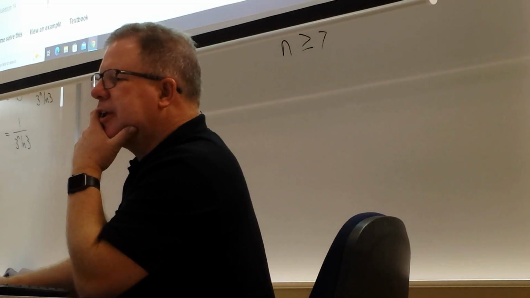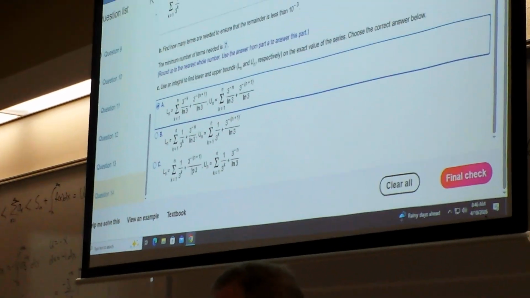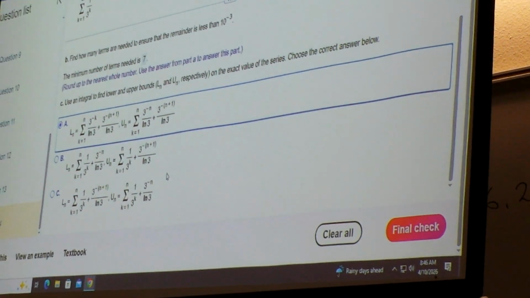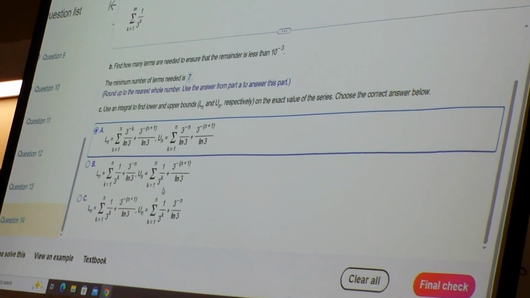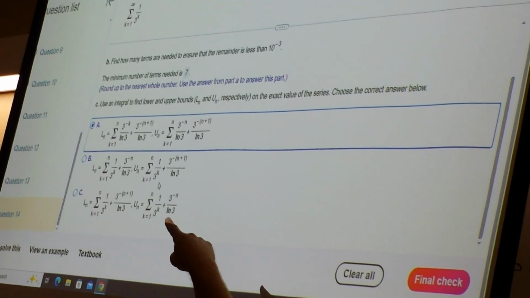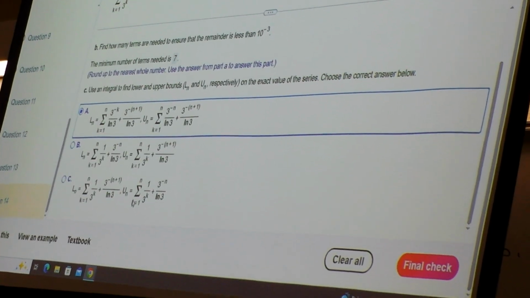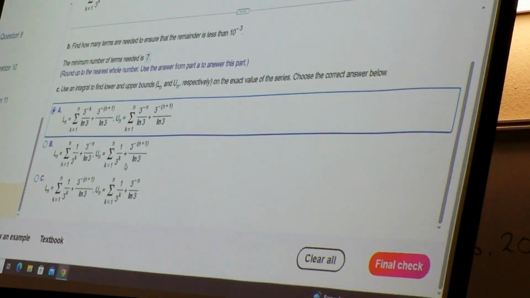So the upper bound, these over here, u sub n's, that's going to be the original series, which is the 1 over 3 to the k. So that would be either B or C, 1 over 3 to the k, plus what we got over here, our integral here.